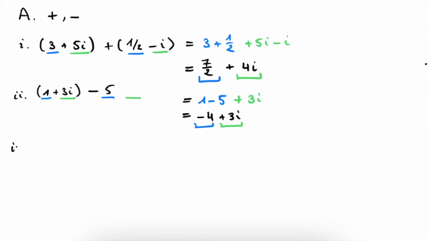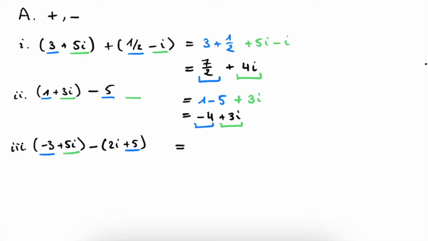Let's do a third and final exercise on addition and subtraction, where as the first complex number we have -3 plus 5i. And we subtract from this 2i plus 5. Again, these are two complex numbers, which each have a real part, and we see that in this second complex number, the real part and the imaginary part are placed in a different order, but that doesn't really matter.